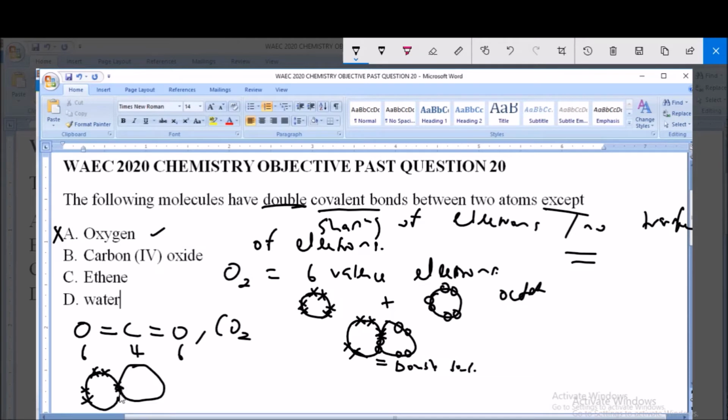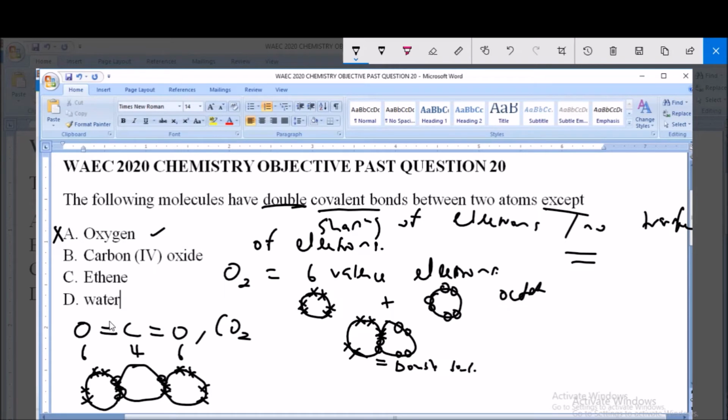So 2 out of the 4 valence electrons of carbon will be shared with one of the oxygen atoms. And similarly on the other side, where you also have another oxygen atom with 6 valence electrons, that is 1, 2, 3, 4, 5, 6. So the remaining 2, remember the carbon has shared 2 of its valence electrons with this oxygen atom, it will share the remaining 2 with these other oxygen atoms.